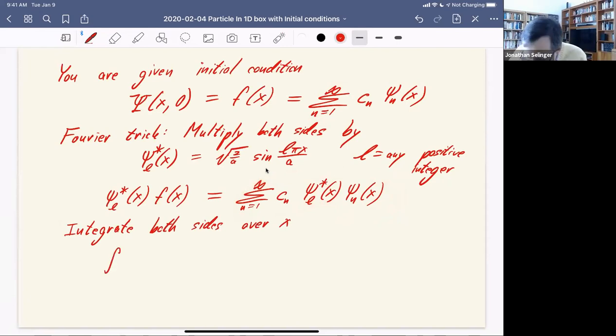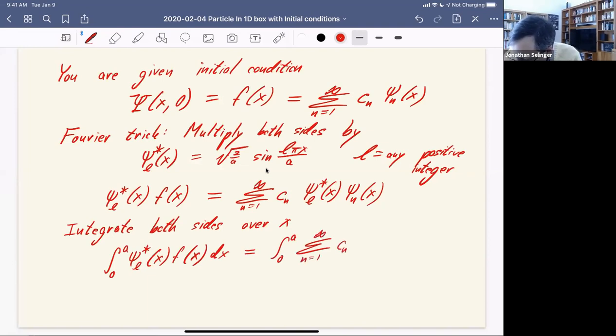So we have the integral over our range of x, from 0 to a, of psi L star of x times f of x dx, is equal to the integral of this sum, Cn psi L star of x psi n of x dx.